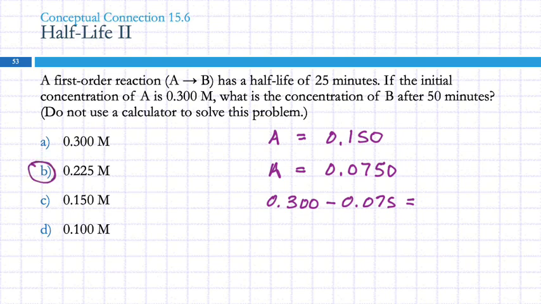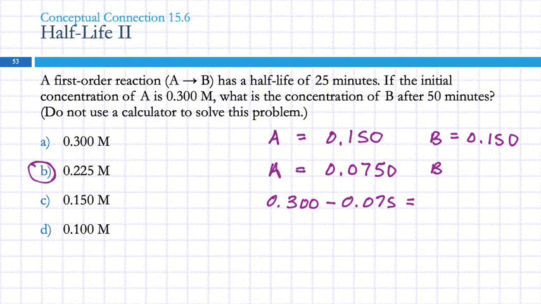I'm like, what? No calculator? Well, we could think of it this way. Well, can we? Yeah, it doesn't really help. After one half-life, half of it's gone to B, so B is equal to 0.150.